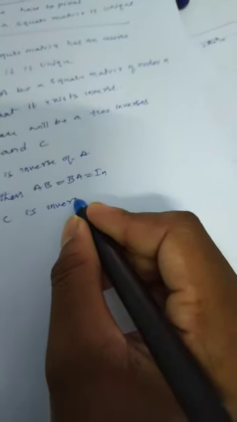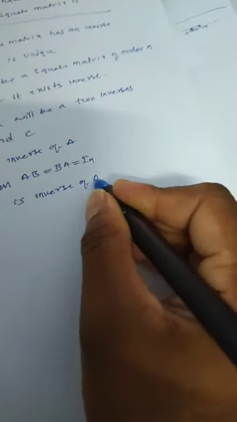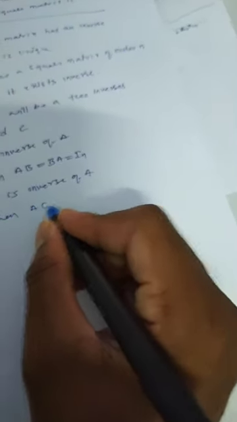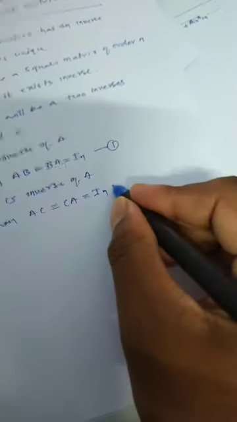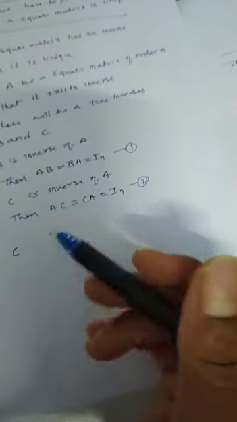Because B is the inverse of A. If C is the inverse of A, then we can write A into C, C into A equal to I. Okay, both exist. Why? Because B is the inverse of A and C is also the inverse of A, right? So here I am going to prove that these B and C matrices are equal. Why? Because we are proving that the inverse is unique.